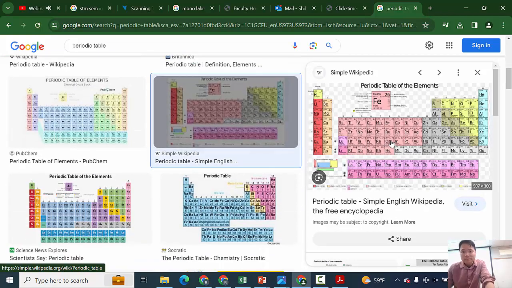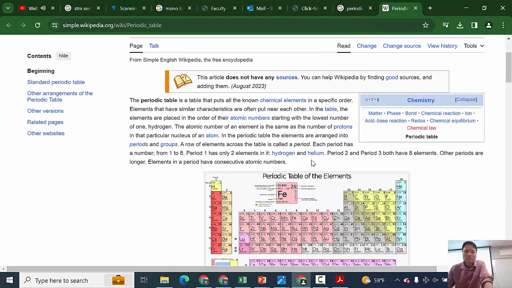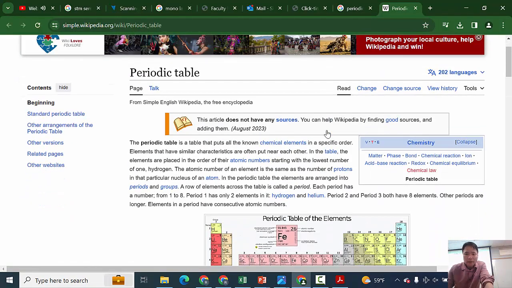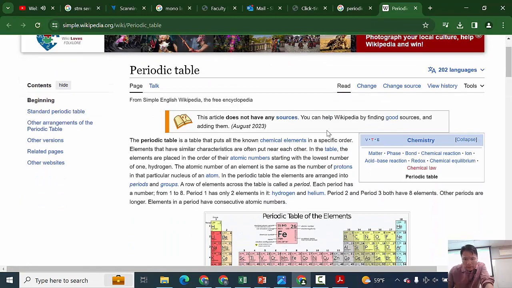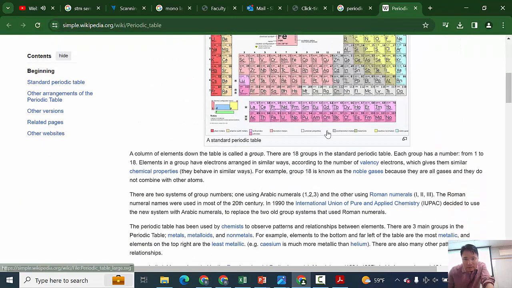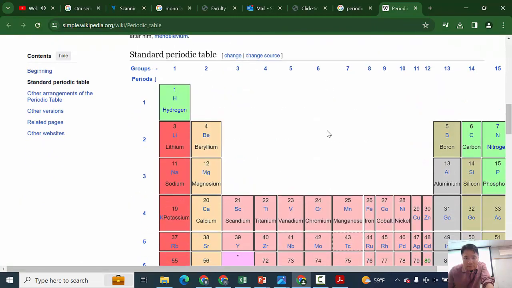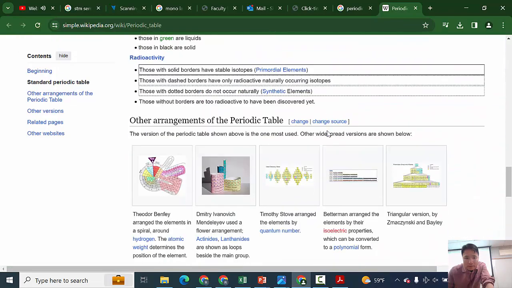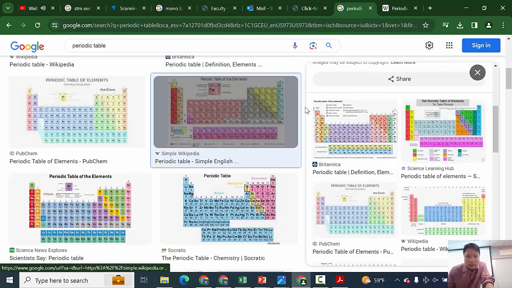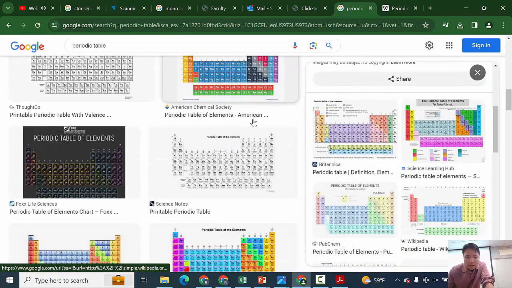This one has it. This is a periodic table on... Oh, this one doesn't have it. So we want one that has it.